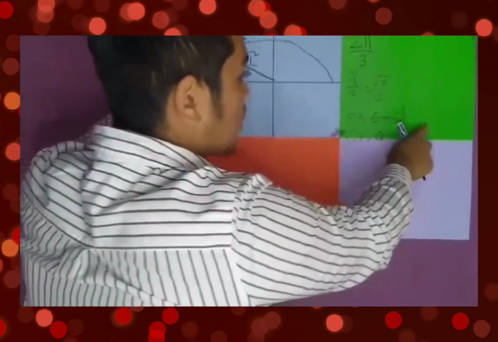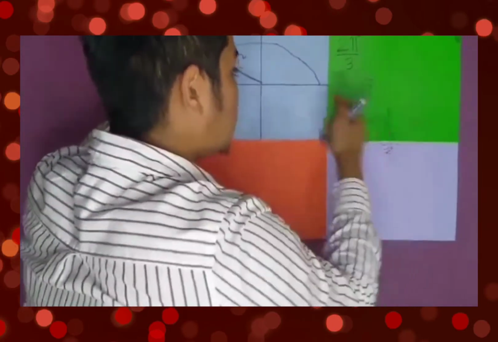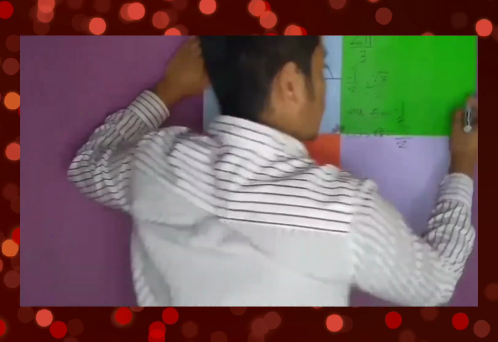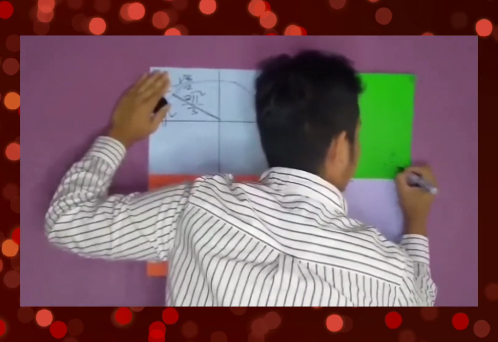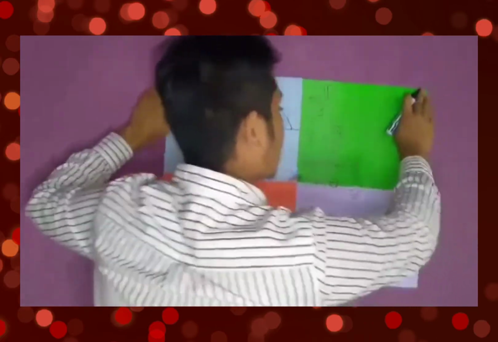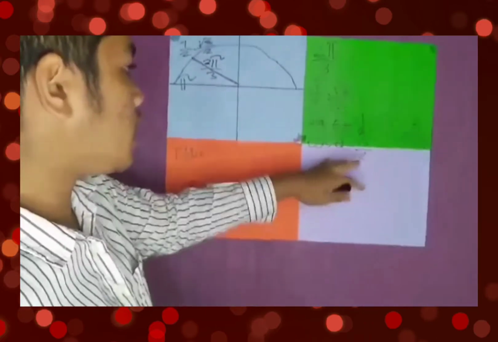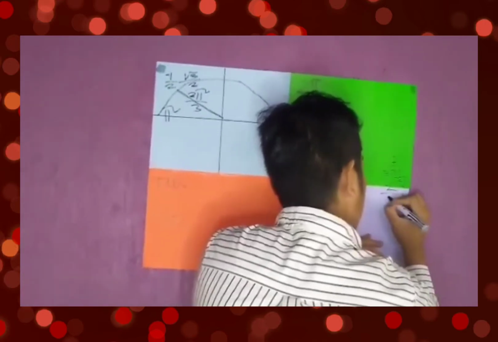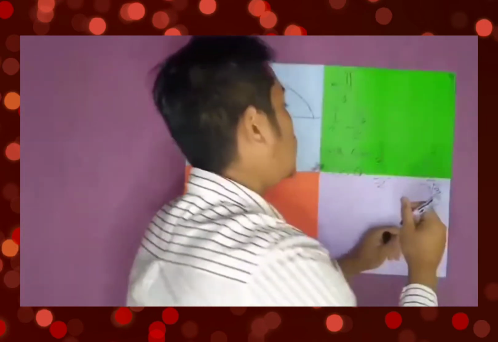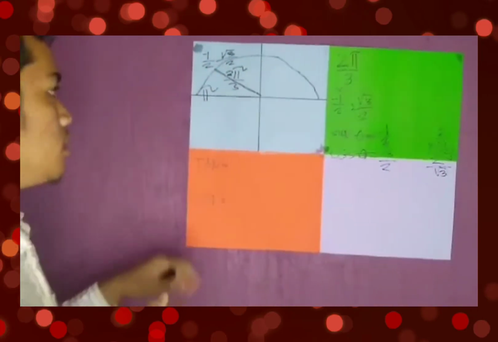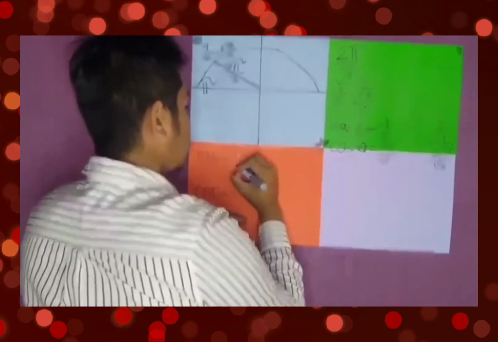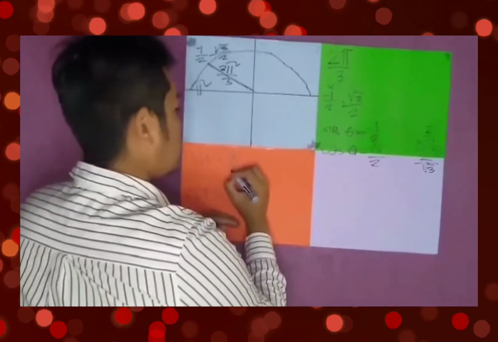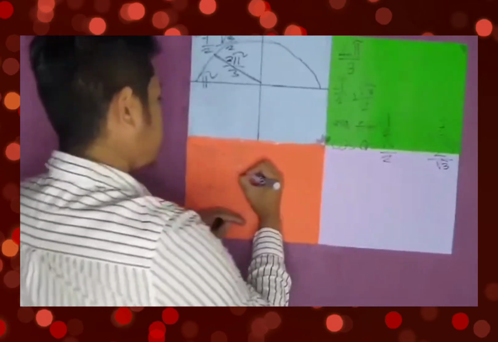The cosecant is equal to the reciprocal of the sine. So the cosecant is 2 over square root of 3. And the secant is the reciprocal of the cosine, so the secant is negative 2. Then the tangent is y over x. So the tangent is square root of 3 over 2 over negative 1 half.